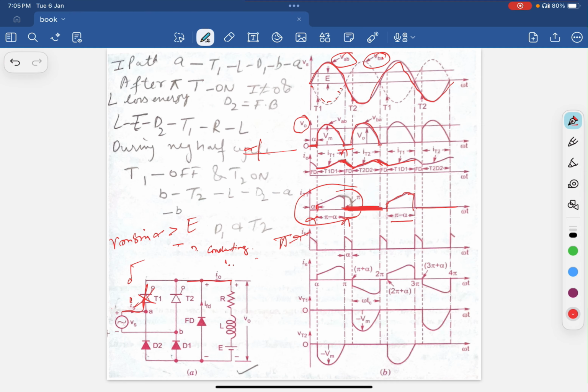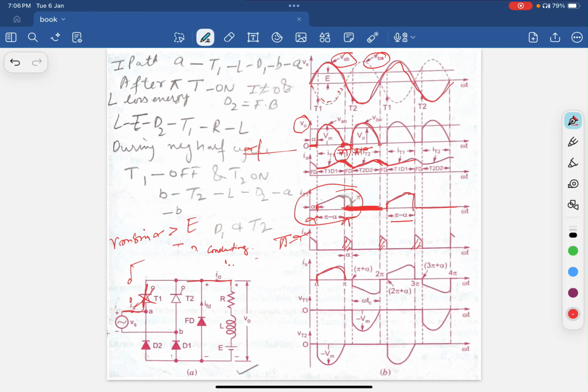The same repeats again. Also the freewheeling diode always conducts at the instant pi. Here it conducts at the instants pi and pi plus alpha. You can see that it conducts here only. Same with each step. Also you can see that the source current is the same as the thyristor current IT1. It rises and then it falls at the instant pi.